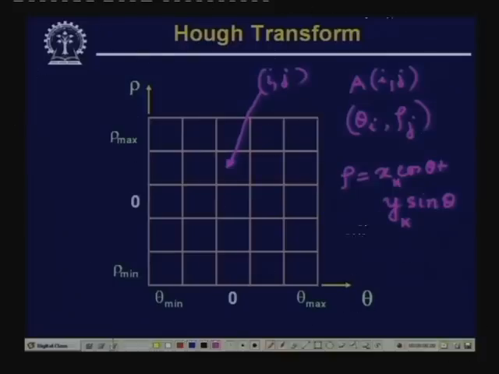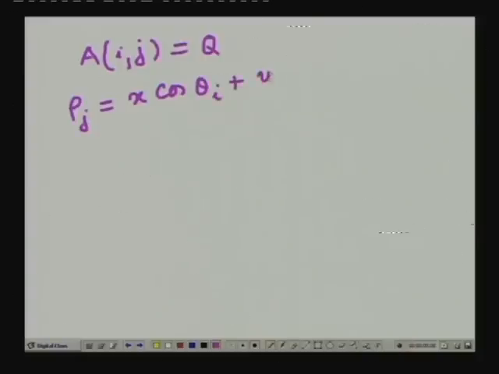So, again as before, at the end of the process, if an accumulator cell say Aij contains a value equal to q, this means that there are q number of collinear points in the spatial domain lying on the straight line, which satisfy the equation rho j is equal to x cosine theta i plus y sin theta i.